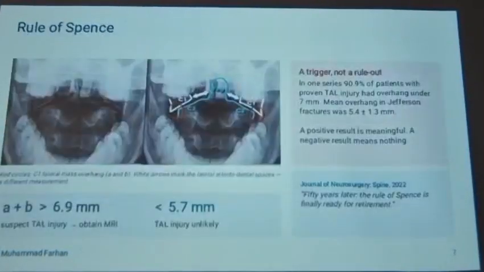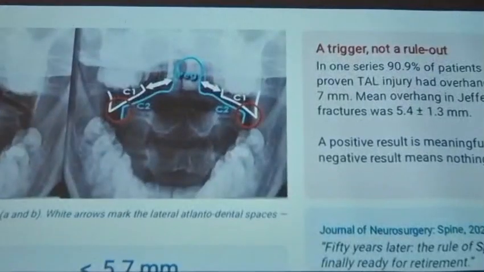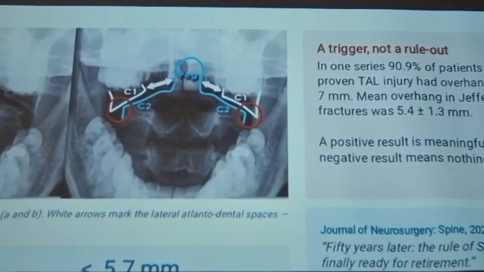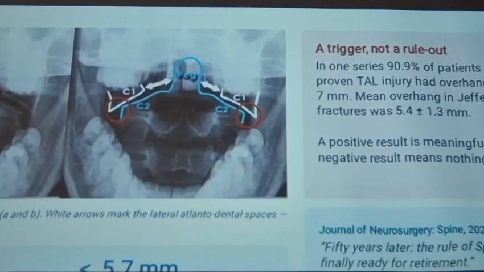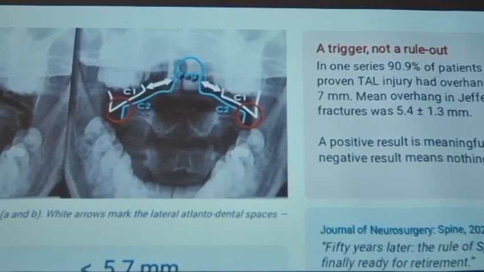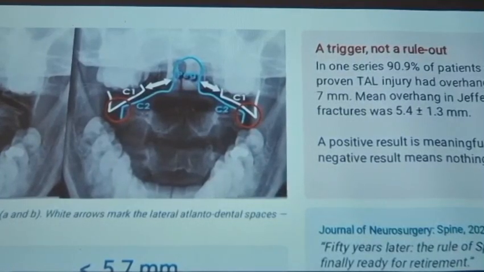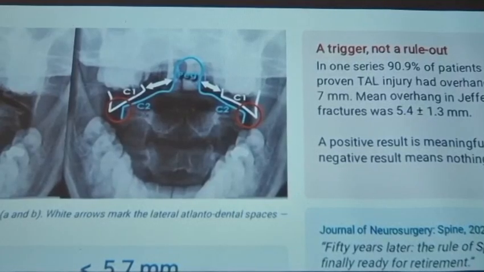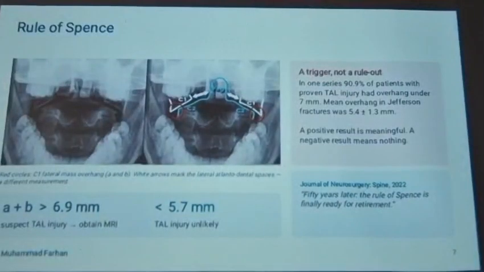When this alignment is not present, for example when there is overhanging of the C1 lateral masses over the C2, we can say that the transverse atlantal ligament is not intact, there may be some disruption or tear, and the spine may not be stable.